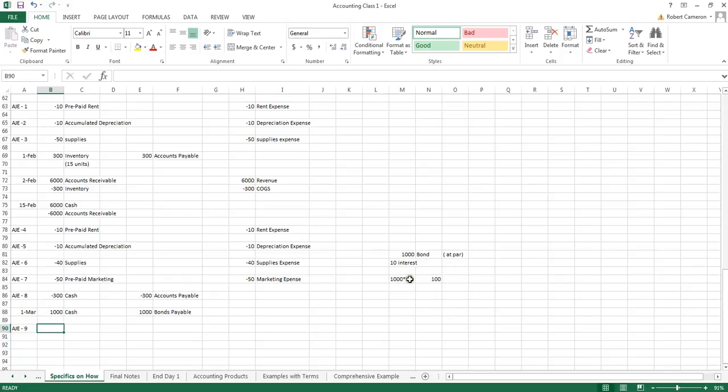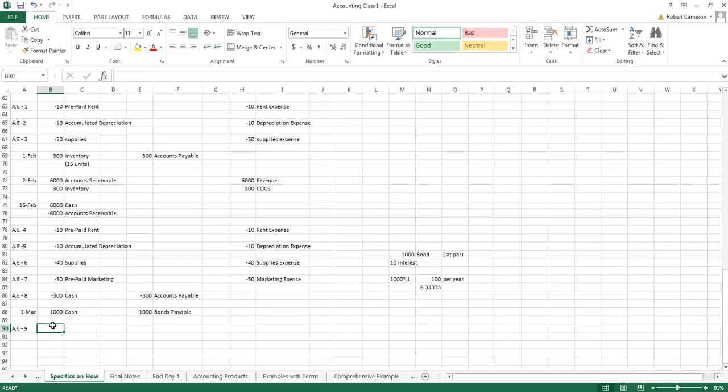Now, here's the deal. Actually, they didn't accrue that, because whenever an interest rate is stated, it's always stated annually. So that's 10% interest for the year. So this is $100 for this first year. $100 a year. So $100 divided by 12 is 8.33.